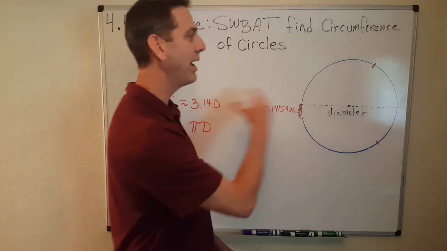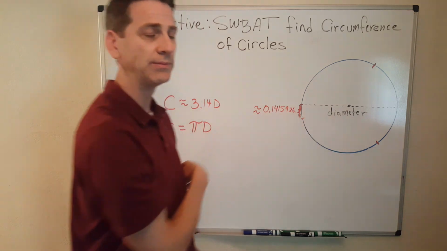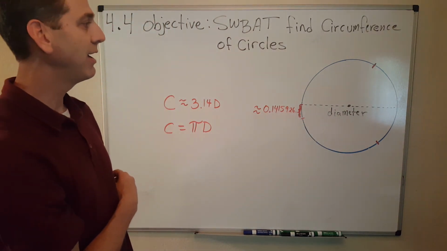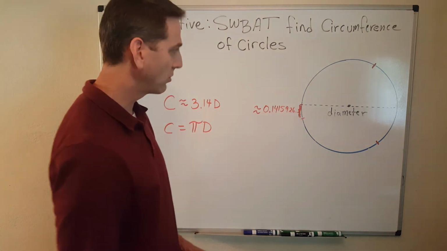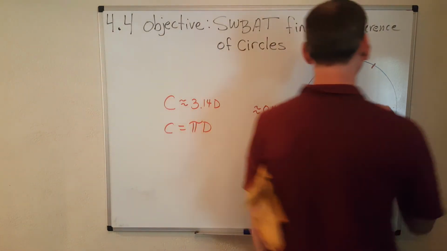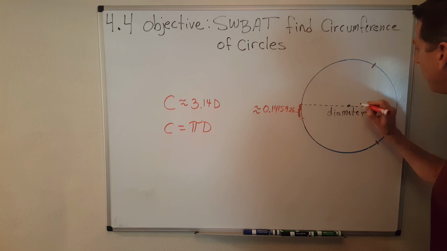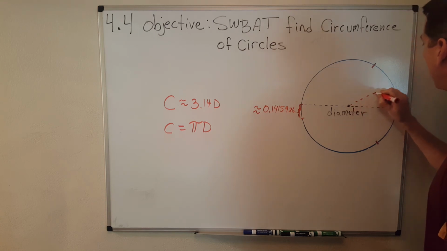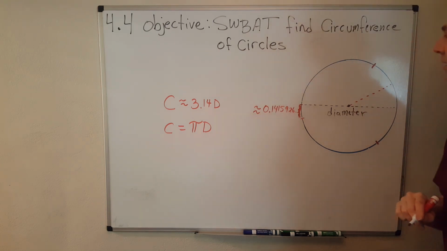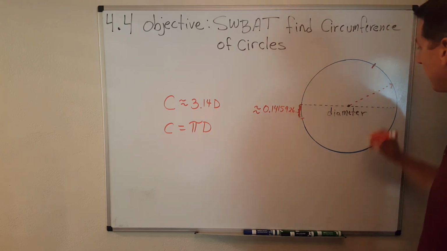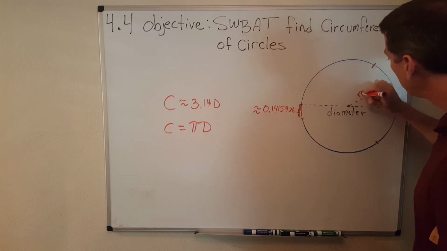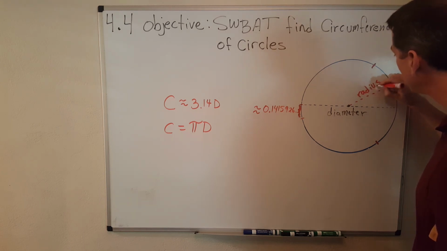So now you kind of know where the number pi comes from. We use pi whenever we're dealing with circles, anything that has diameters. There's something else that you need to know about a circle. If I was to go from the midpoint to the edge of the circle, do you know what that is called? Well, that would be the radius.